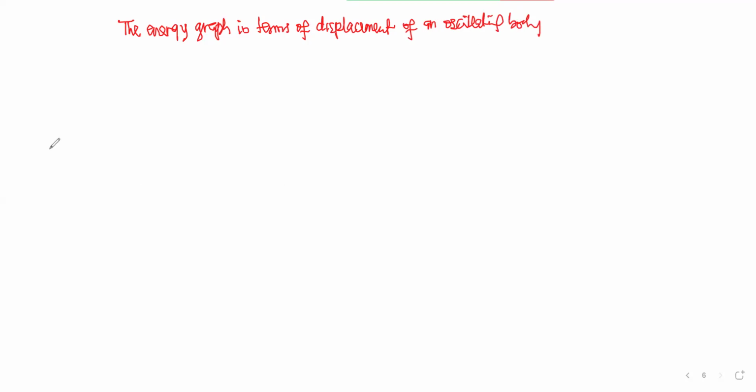So this graph is the energy graph with respect to displacement.